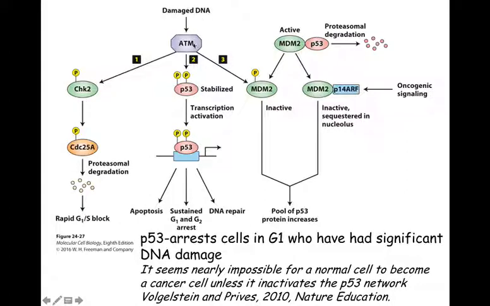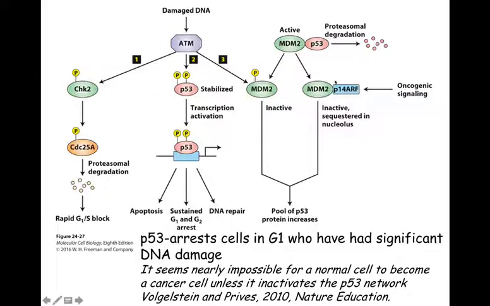The other mechanism is ATM can directly phosphorylate p53 and stabilize it, so p53 builds up. The third mechanism is it can phosphorylate MDM2, and MDM2 can now no longer tag p53 and cause p53 to be degraded, so p53 builds up.